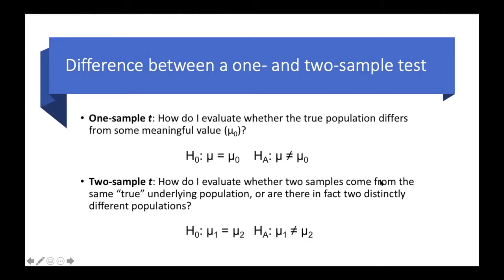But in a two-sample test, we're really trying to determine whether or not our two samples come from two distinct populations with different means, or whether they come from a single underlying population with the same mean. So we're testing the null hypothesis that the population means are equal, and the alternate hypothesis that the population means corresponding to the two samples then are different from one another.